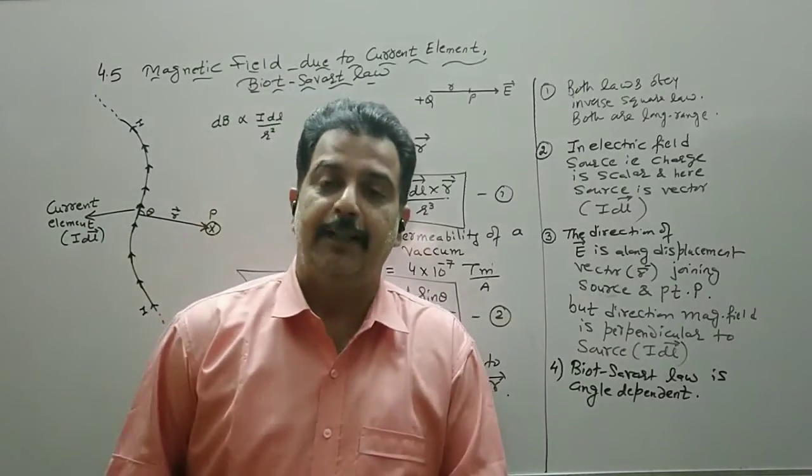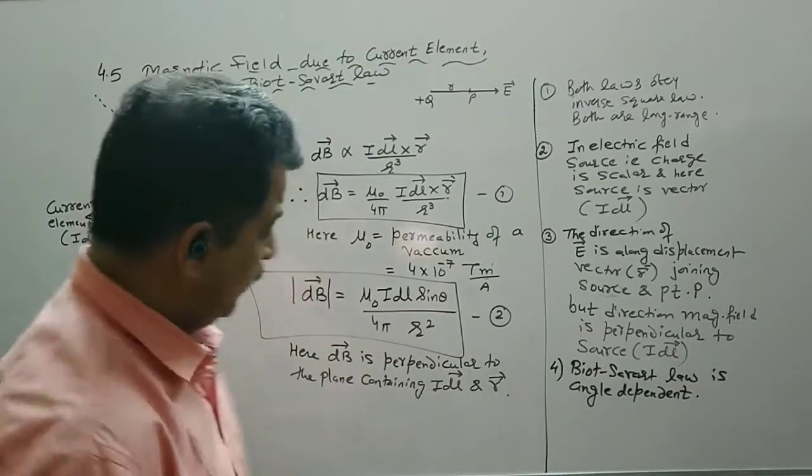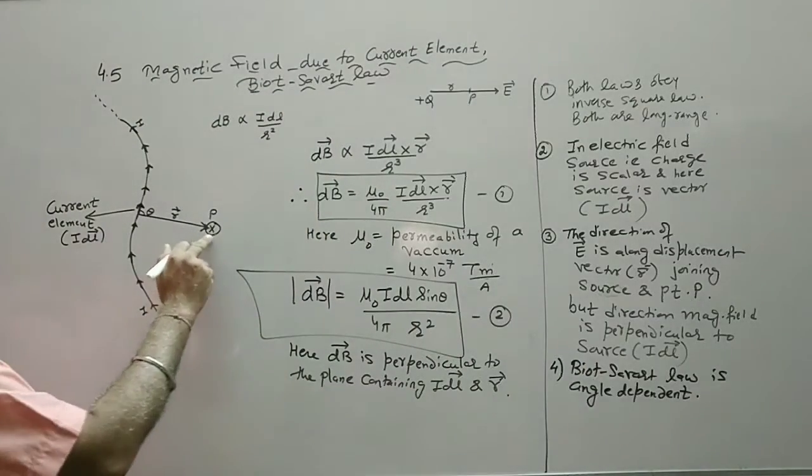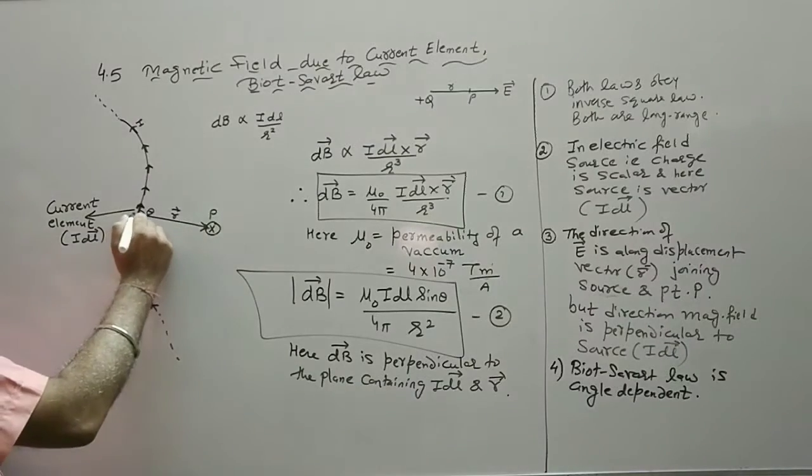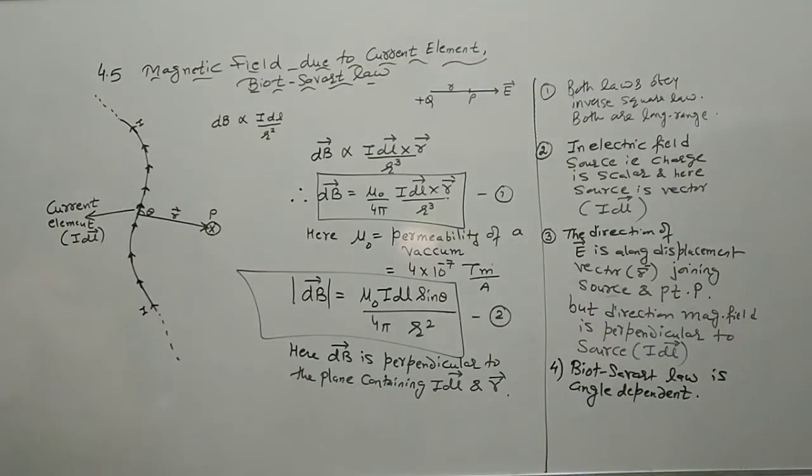Now, suppose that this point P is lying on the wire itself. So it is lying on the axis of the wire.